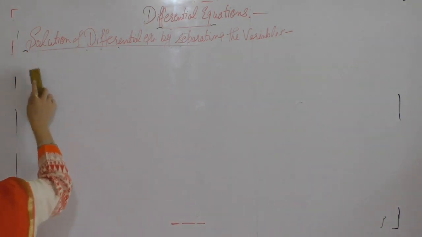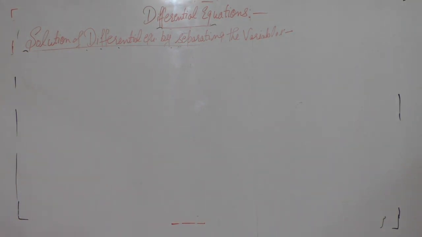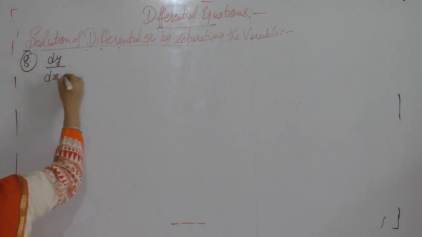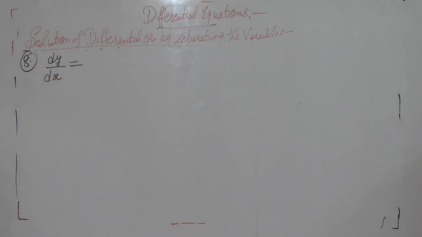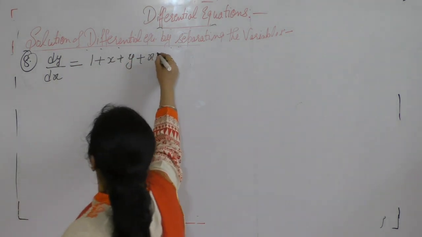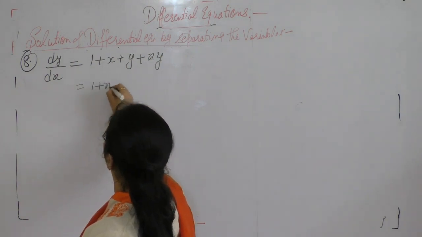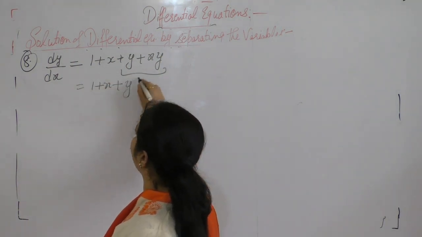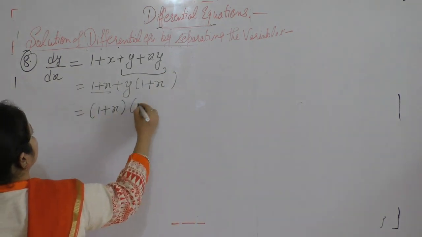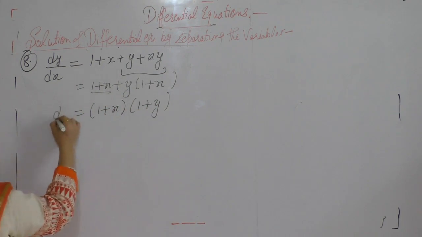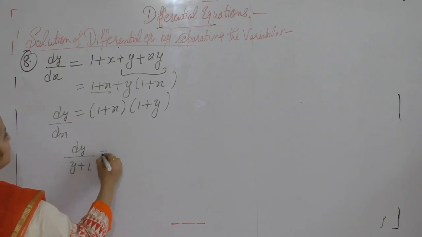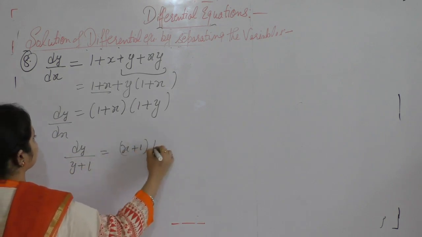Now the next question, number 8. Solve the differential equation dy upon dx is equal to 1 plus x plus y plus xy. From these two terms, take y common. 1 plus x is a common factor, so it becomes (1 + x)(1 + y). dy upon (y + 1) is equal to (x + 1) dx.